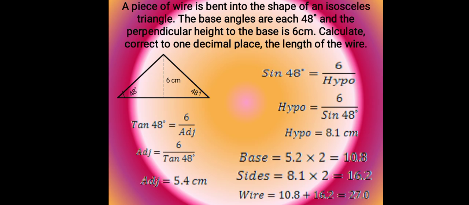So the base is 5.4 multiplied by 2, you get 10.8, and then the hypotenuses which are 2, 8.1 multiplied by 2 gets 16.2. So the length of the wire is 10.8 plus 16.2, which is equal to 27 centimeters.